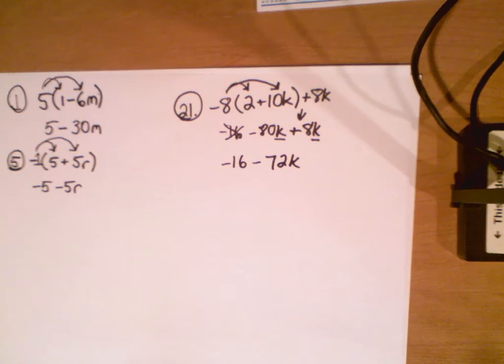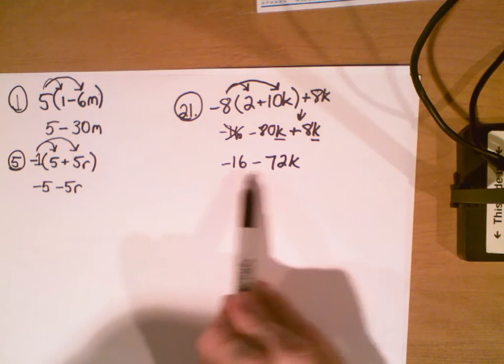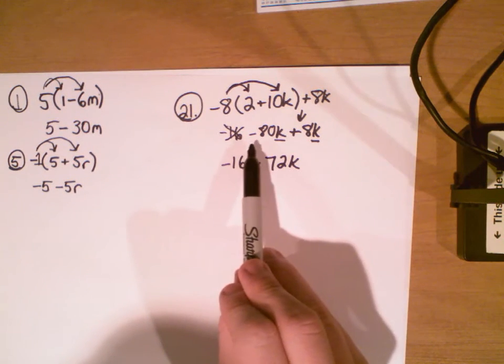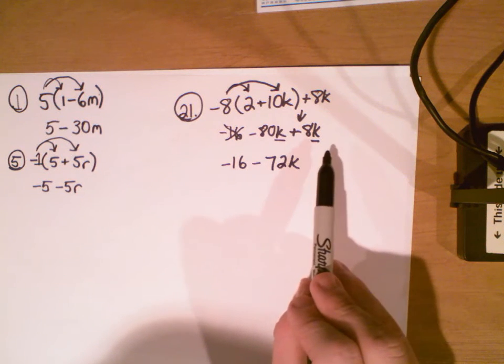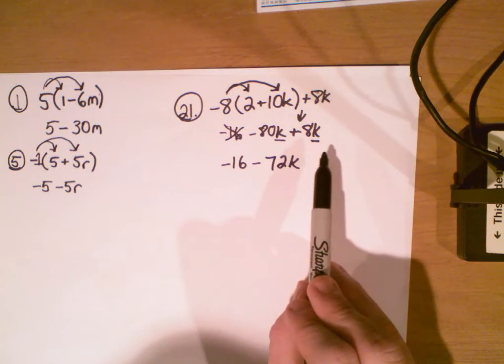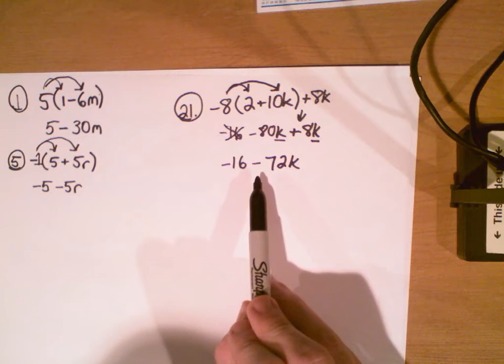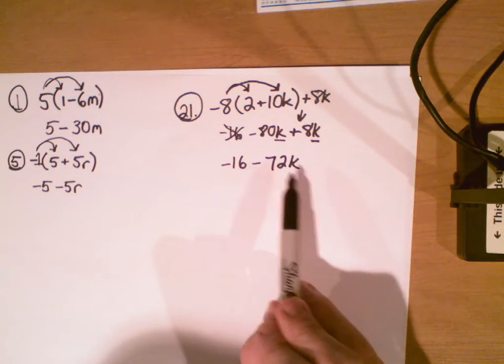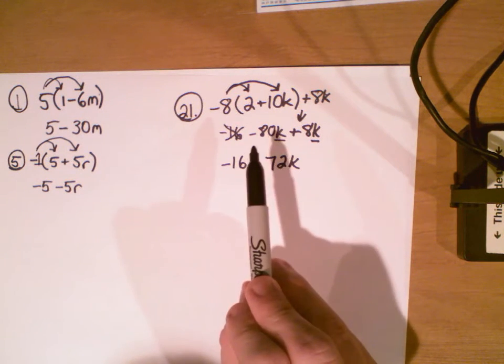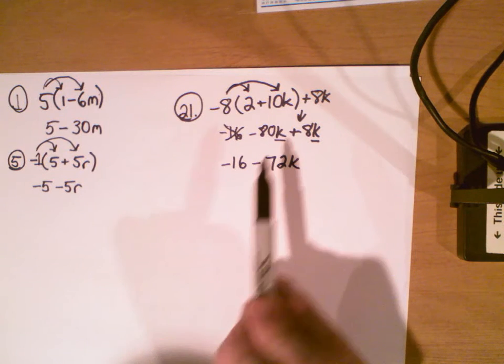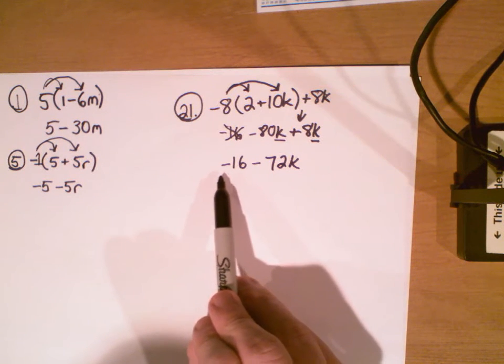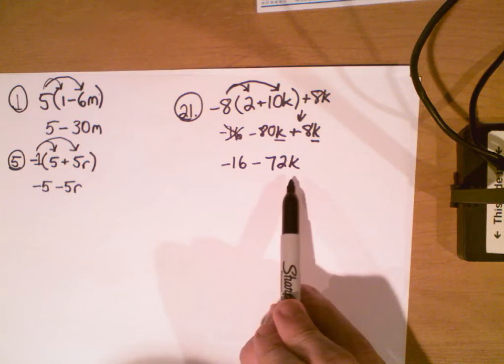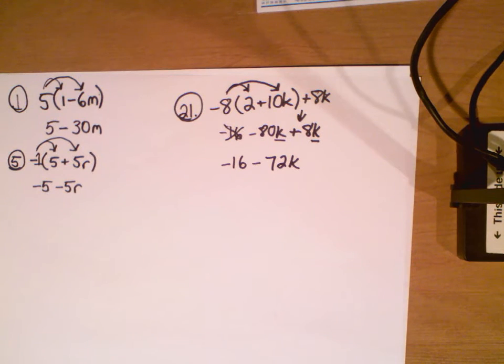Right. So if you look at our last number, again, I combined negative 80 plus 8, and you keep the k's with them. That got me to negative 72k because I added 8 to how far I was down at 80. In conclusion, negative 16 minus 72k is my final answer.